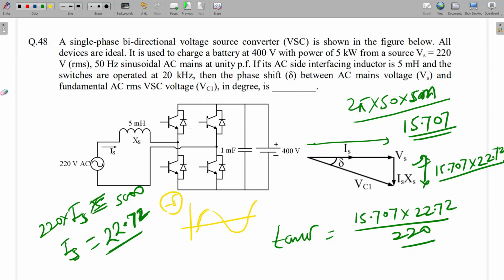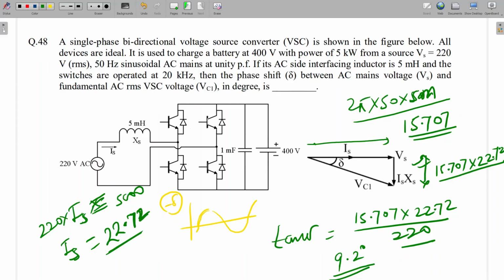Anyone take? Nine point something we are getting? 9.2 or 10 inverse 15.707, sir, inverse. 58.34, sir, that one.